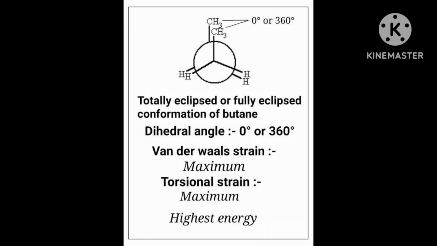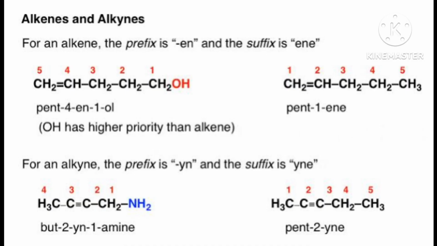CH3 means propane, 3 carbons are there, and they have given whole 2, so with that carbon CH2, CH2, CH3 is attached, 2 times, because the double bond is there. CH2 double bond, and then CH2, CH2, CH3, whole 2 is there.